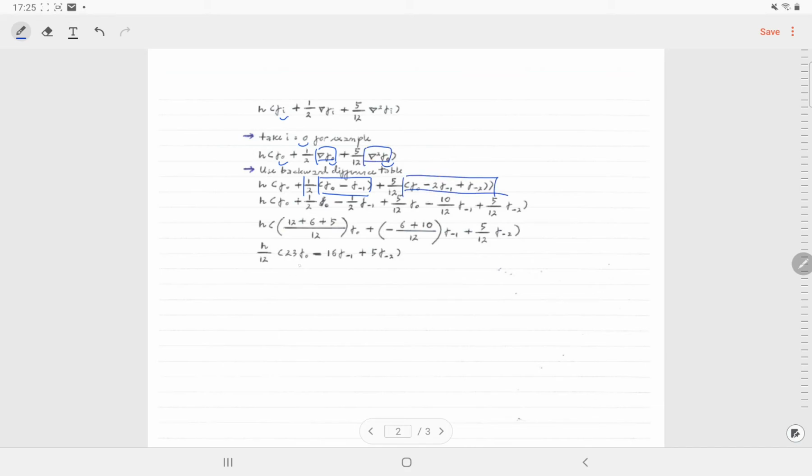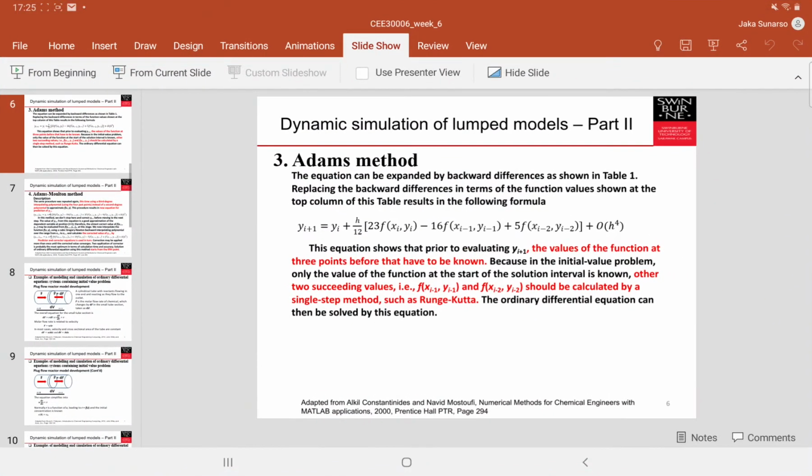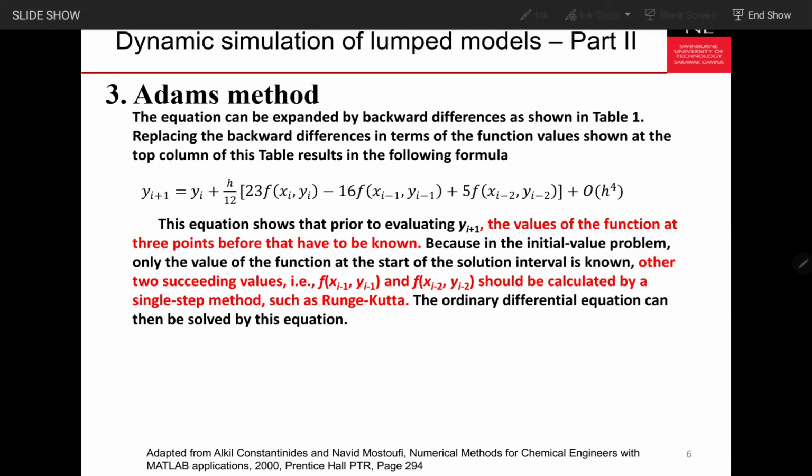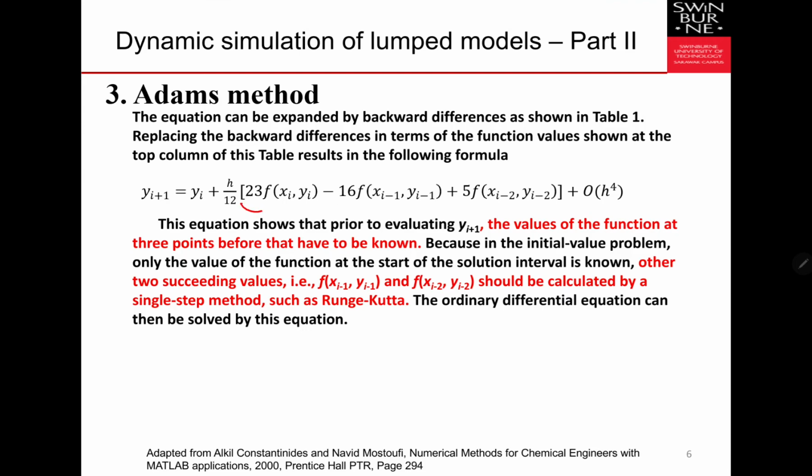As a result, we should have 23, 16, 5, and then as the denominator 12. That is if we do the correct calculations. Okay, 23, 16, and 5.